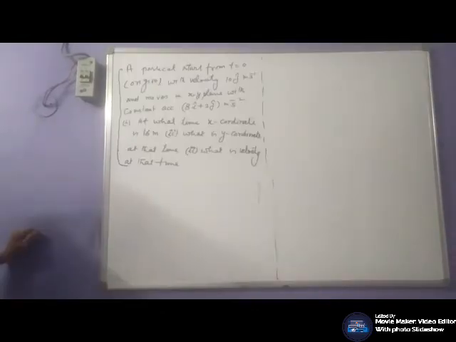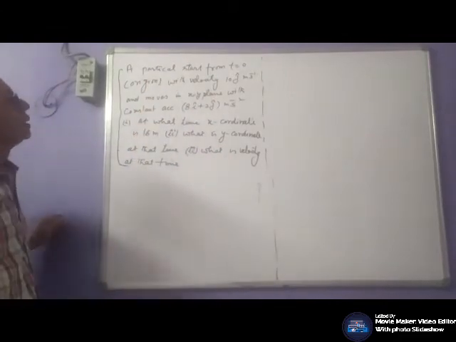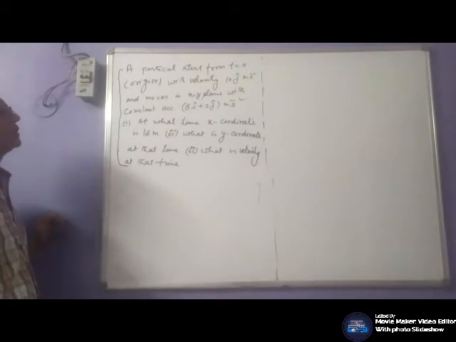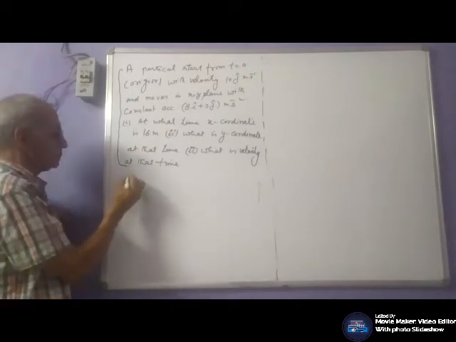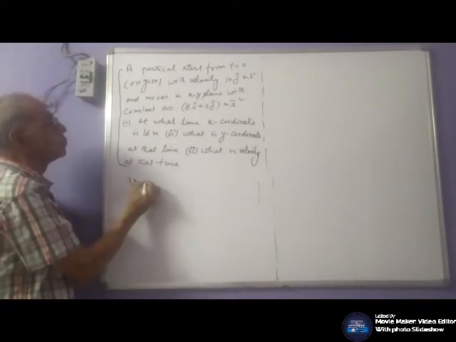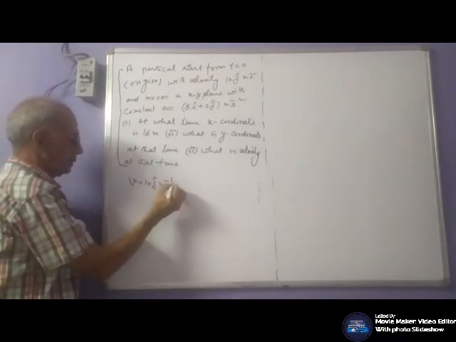Numerical. A particle starts from t equals 0, the origin of the coordinate system, with velocity 10 J meter per second.